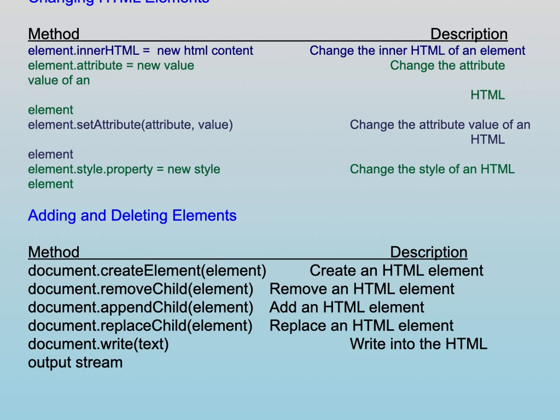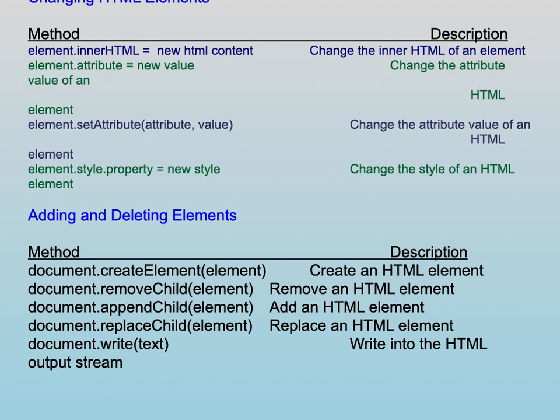Change the attribute value of an HTML element. element.style.property equal to new style. Change the style of an HTML element. So all these things we will discuss in programs. Adding and deleting elements. document.createElement.